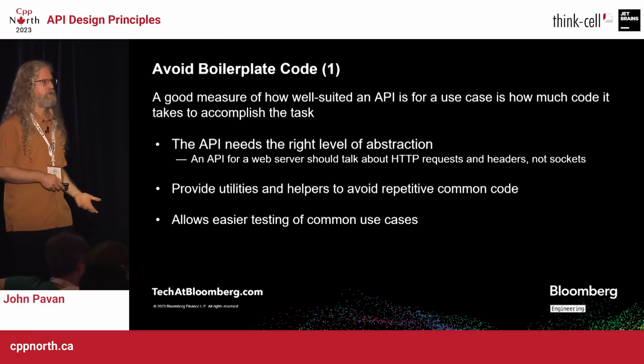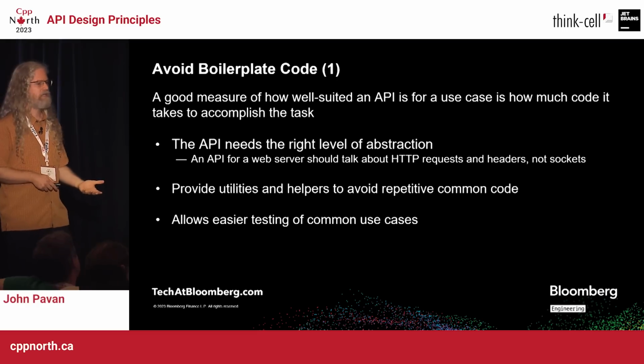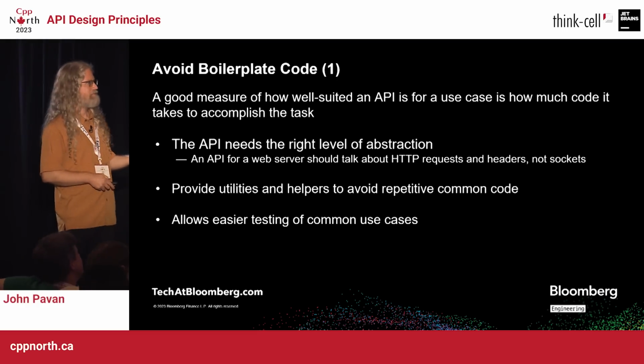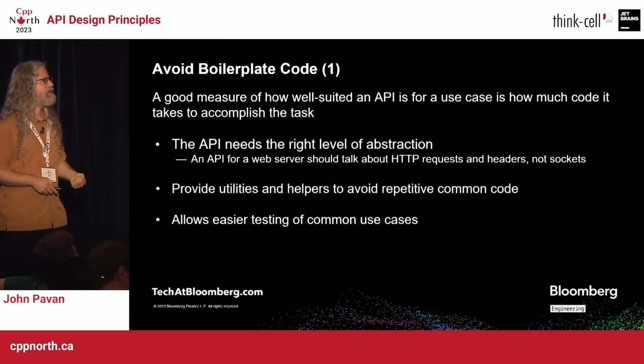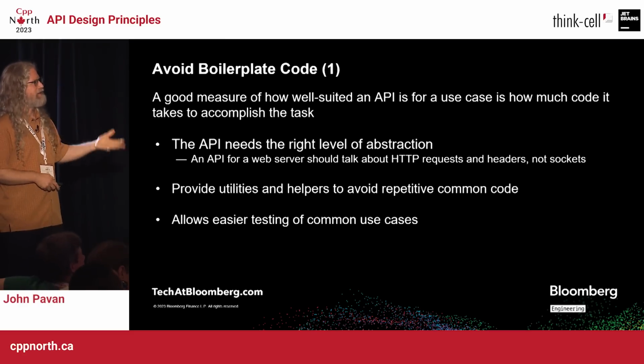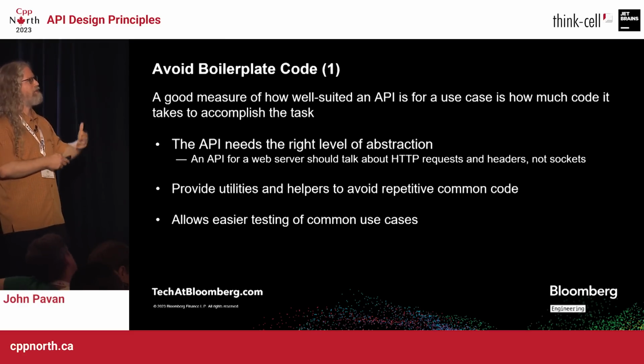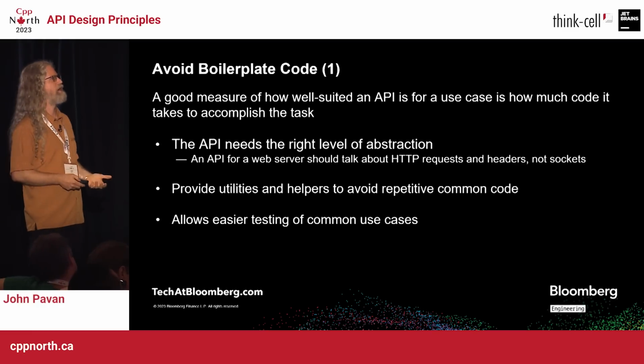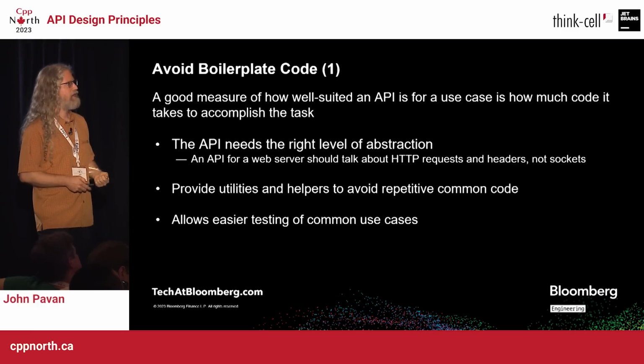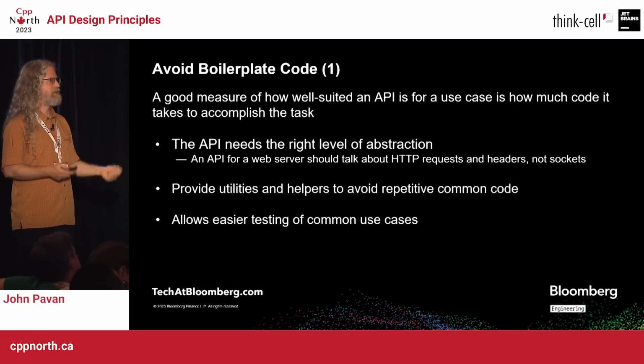It goes from several hundred lines of code down to like 30. These days, you can probably do it in 5. Things have gotten better, but you should try to write things in such a way that they don't require large amounts of boilerplate code. It'll make your life easier. It'll make your users happier.